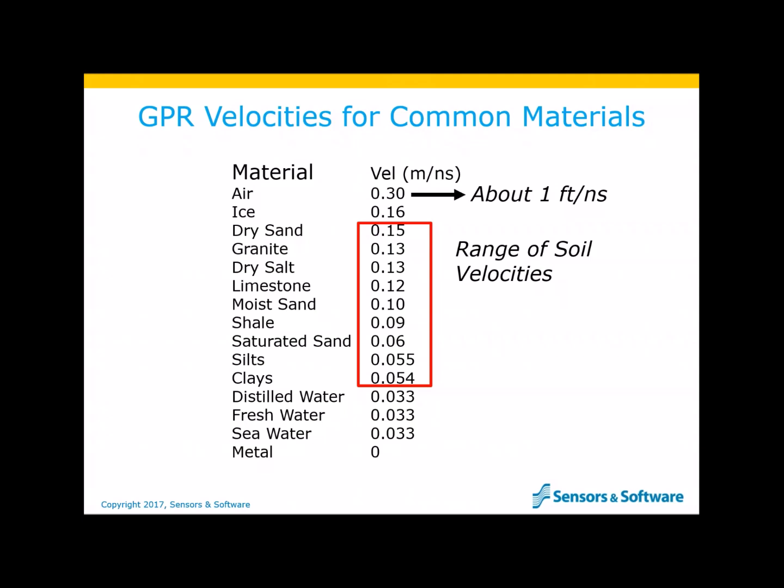This is half the speed of light. So soil velocities can vary a lot, from less than 0.06 to 0.15 meters per nanosecond. If you take the average of the soil velocities, you end up with 0.1 meters per nanosecond, 1/3 the speed of light. This is a good average value to use when you get to a site and have not measured the velocity yet.